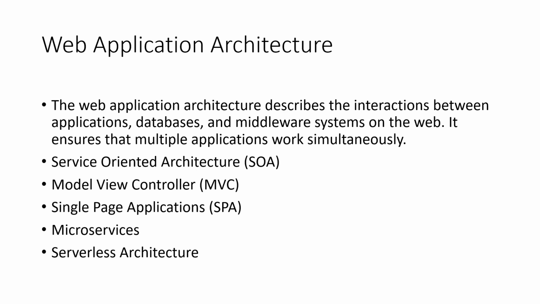Also, there are a lot of other things like functional requirements and non-functional requirements. Those things should be considered when we select a proper application architecture. There are plenty of architectures. One is the service-oriented architecture.